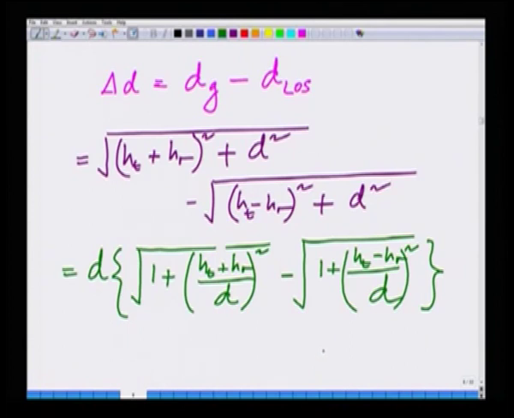All right. And here I am going to use an approximation that ht, hr are much smaller than d. So, ht plus hr, ht minus hr, and so on, all are much smaller compared to d.